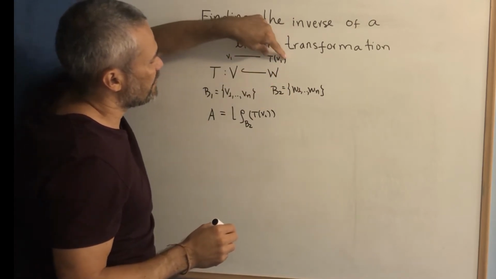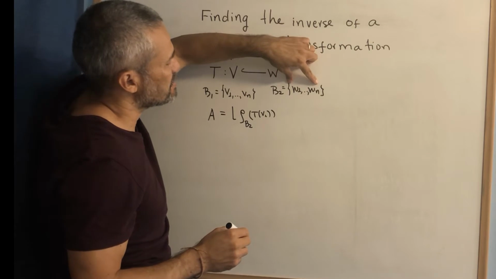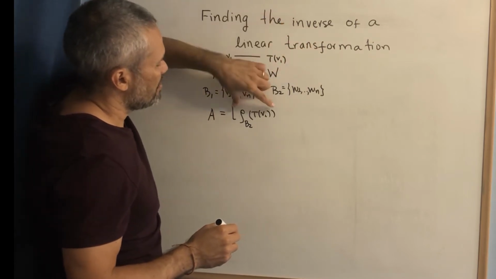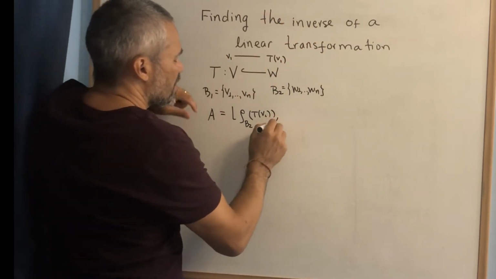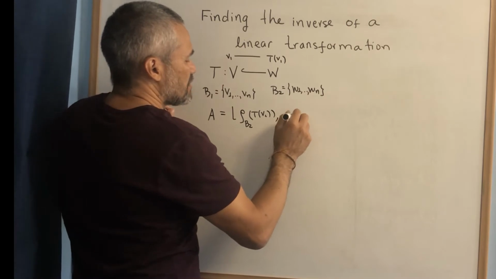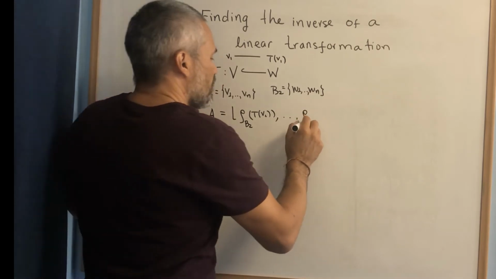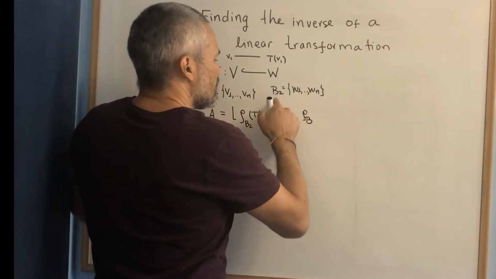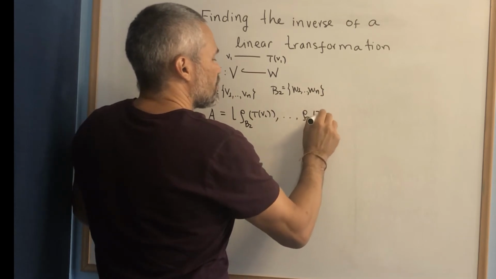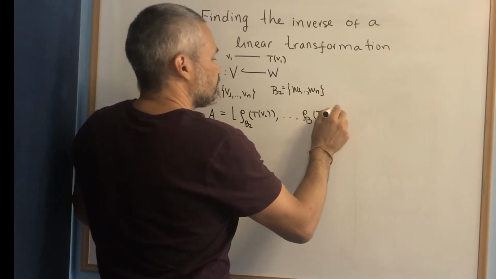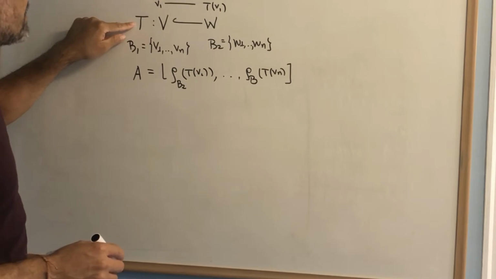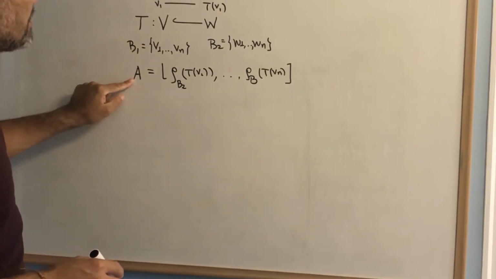I just write this vector as a linear combination of this, and the weights are what I write down here. And the last column are just the coordinates with respect to these bases of the vector T of bn. Since this transformation is injective and surjective, then this matrix is invertible.